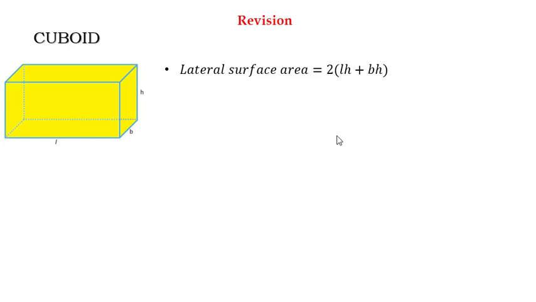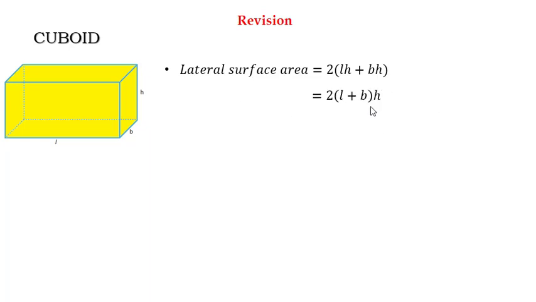So you can see here length into height will give me this front area. Similarly back area is also length into height, and the two sides areas are breadth into height, right? So the formula for lateral surface area is 2 times (LH plus BH).